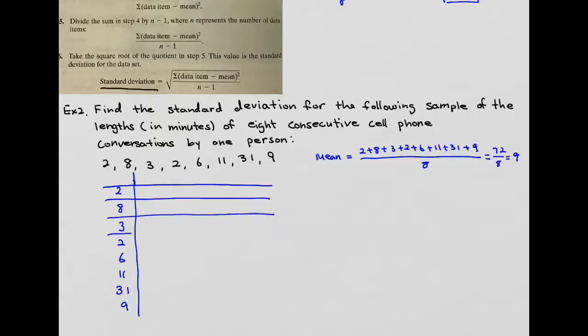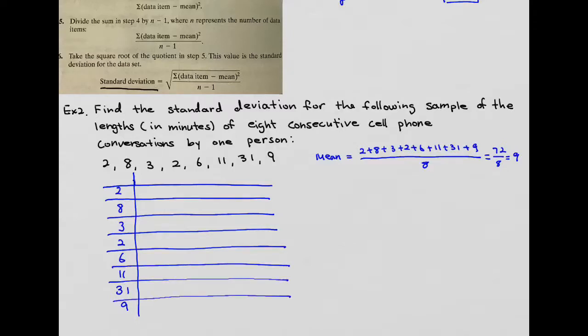And then I'm going to subtract 9 from each data value. 2 minus 9 is negative 7. 8 minus 9 is negative 1. 3 minus 9 is negative 6. 2 minus 9 is negative 7. 6 minus 9 is negative 3. 11 minus 9 is 2. 31 minus 9 is 22. And 9 minus 9 is 0.